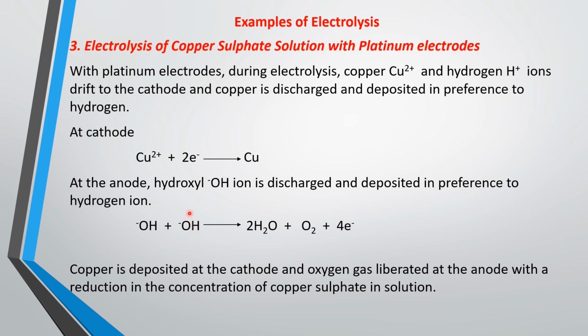At the anode, hydroxy ion is discharged in preference to sulfate ion. This is your anode equation, and this is your cathode equation. Copper is deposited at the cathode and oxygen gas is liberated at the anode, with reduction in concentration of copper sulfate in solution.